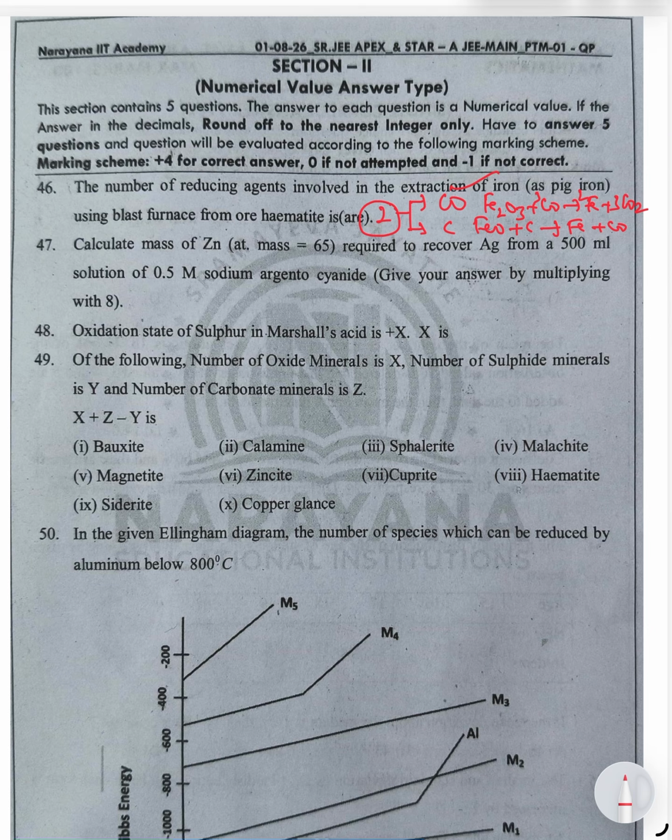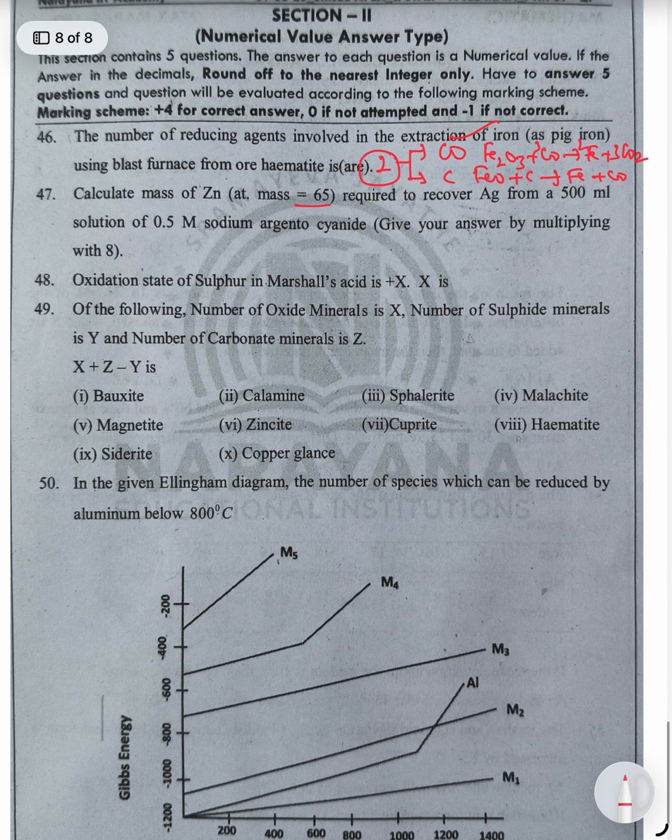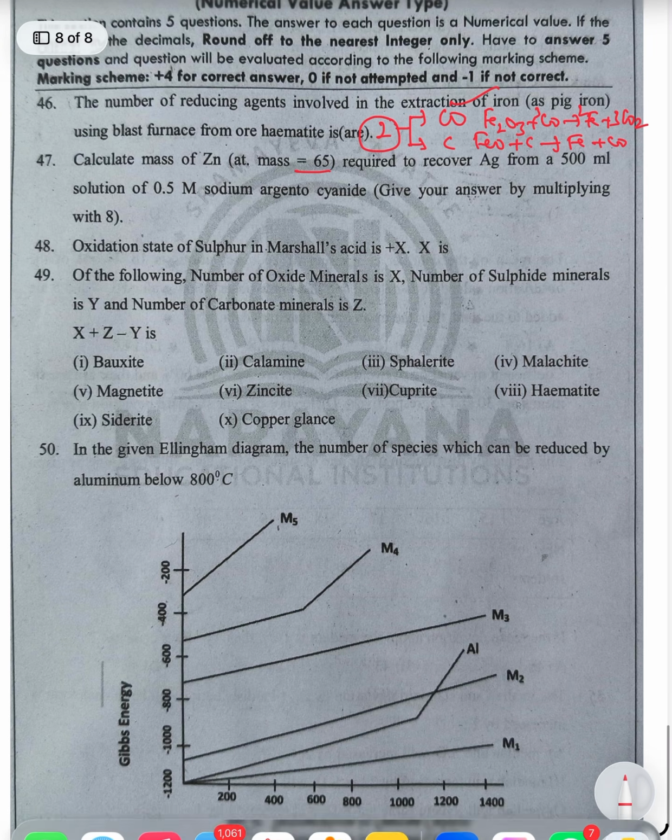Next, the 47th question. Calculate the mass of zinc, atomic weight of zinc is given as 65, required to recover silver from a 500 ml solution of 0.5 molar sodium argentocyanide. Give your answer by multiplying with 8. Let us see this one.